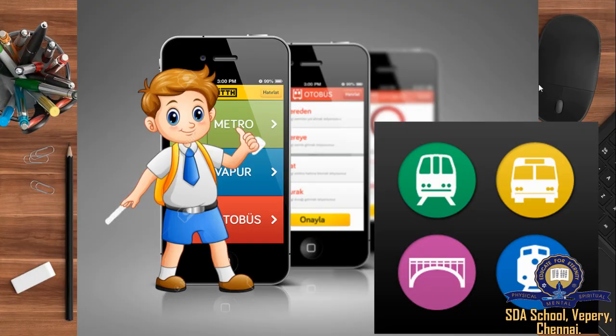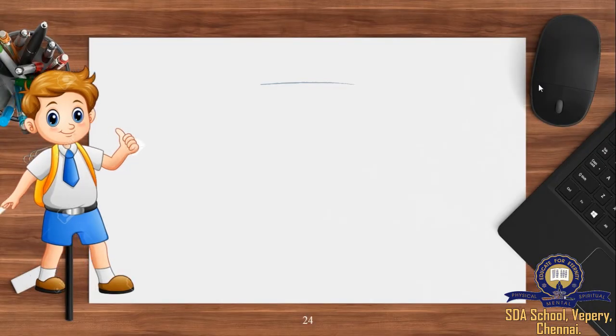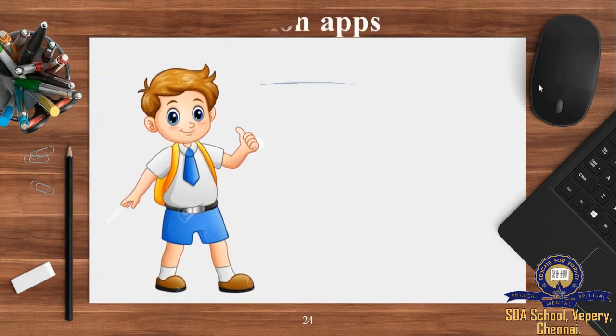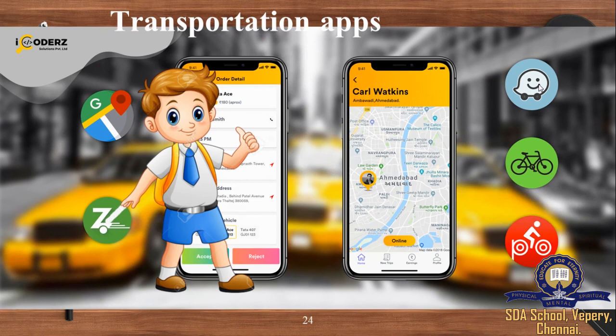This is very, very convenient for me, to book through a transportation app while sitting in one location, and it will show me the directions also. Through the directions, I will not be lost. So I will be very careful with the location also, right? This is called transportation apps.